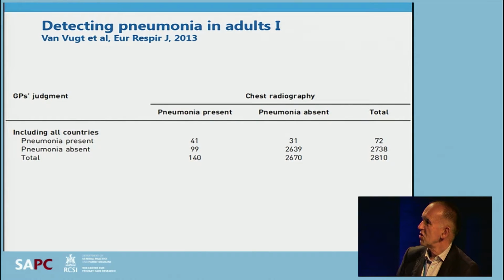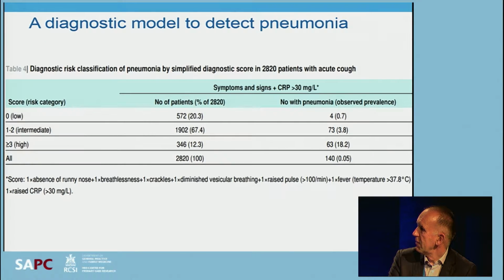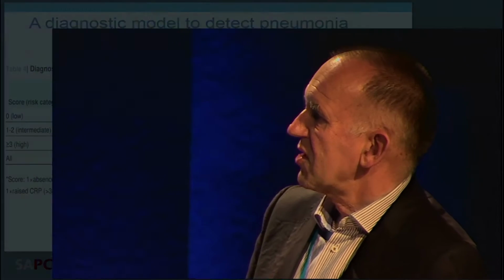But if you look at it more closely, you see that the majority, two-thirds of the pneumonias, are in fact missed by the GP just by clinical assessment. So what we did, we tried to improve that by developing a model. You don't have to read it, but it's a series of clinical characteristics like crackles and breathlessness, raised pulse, also CRP over 30, and then we divided these patients into 3 groups: low, medium, and high risk.